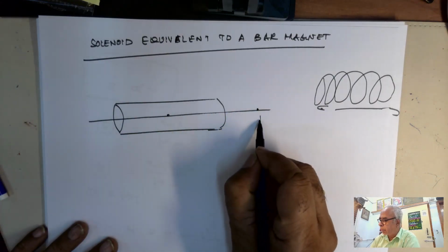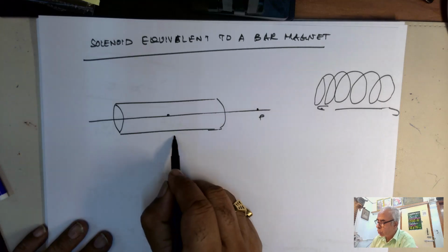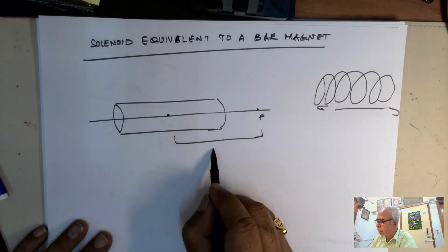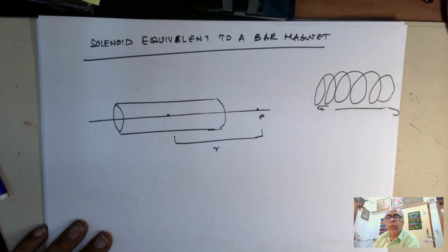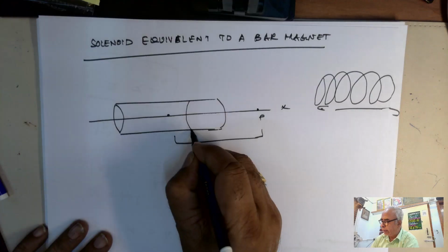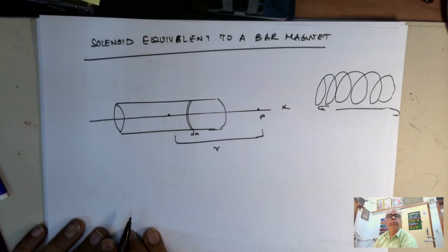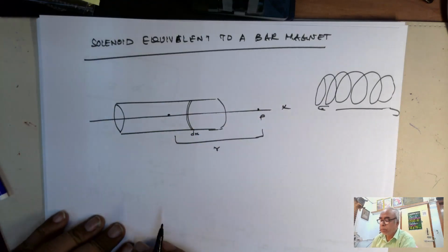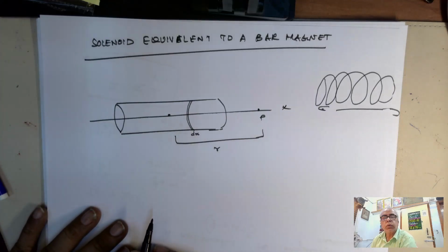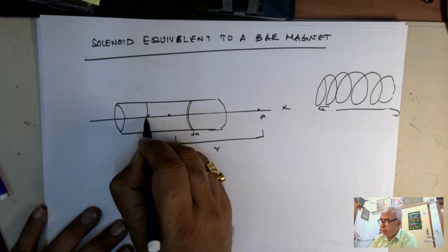Let us consider a point P that is influenced by the solenoid, kept at a distance r. And since it is along the x-axis, let us consider a small length element of dx width, and the radius here is a.